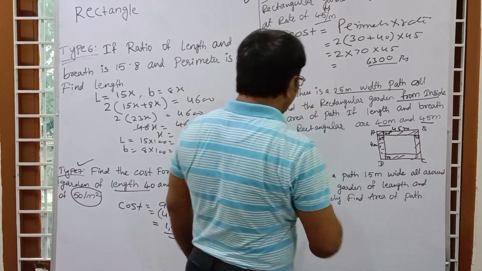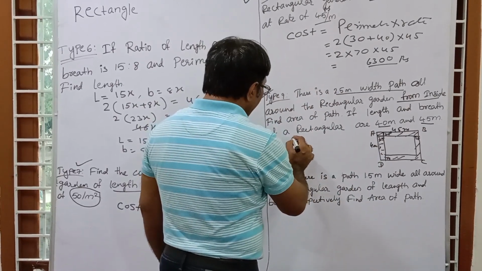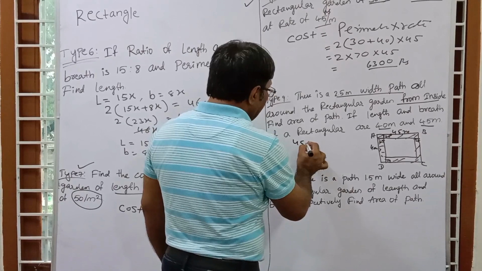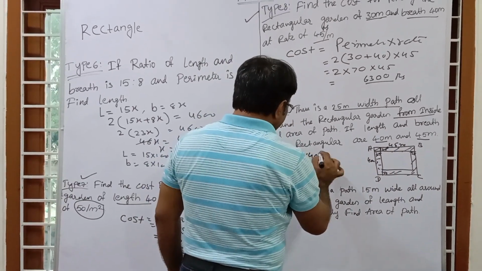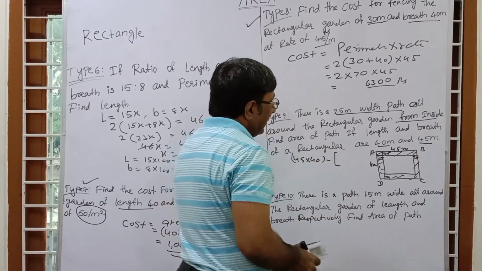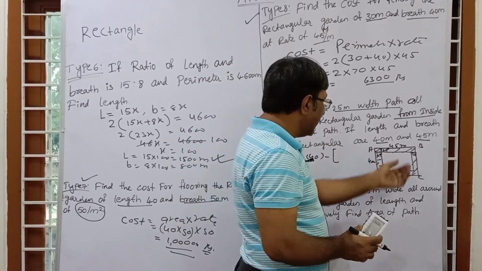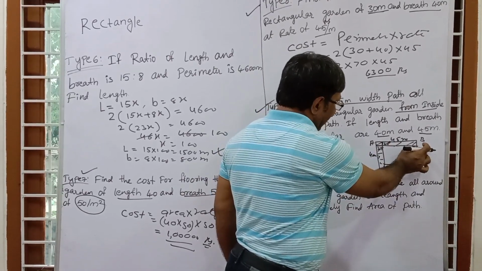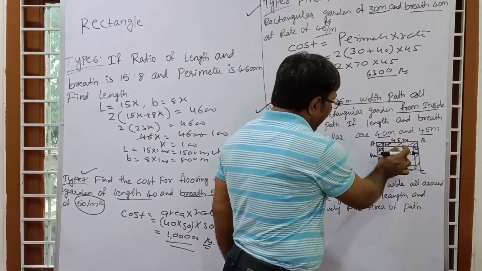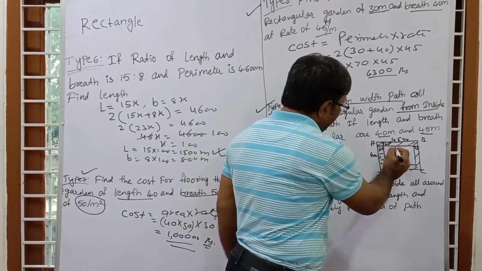So the answer is: first, 45 into 40, minus. Now you see the length is 45, but 2.5 here and 2.5 here get cut. So this is 45 minus 5, it becomes only 40.